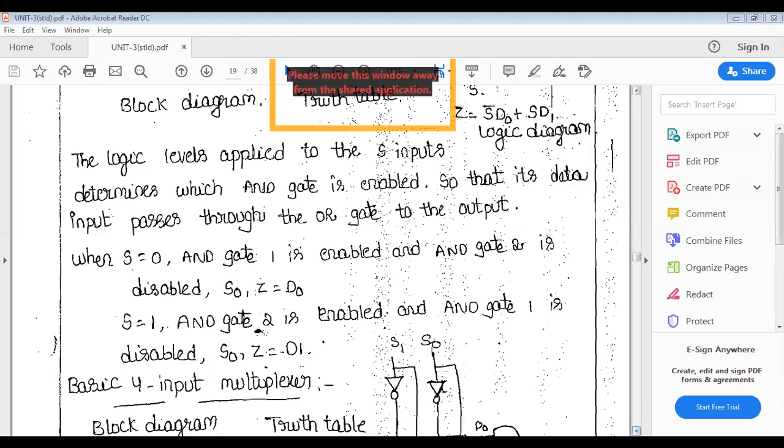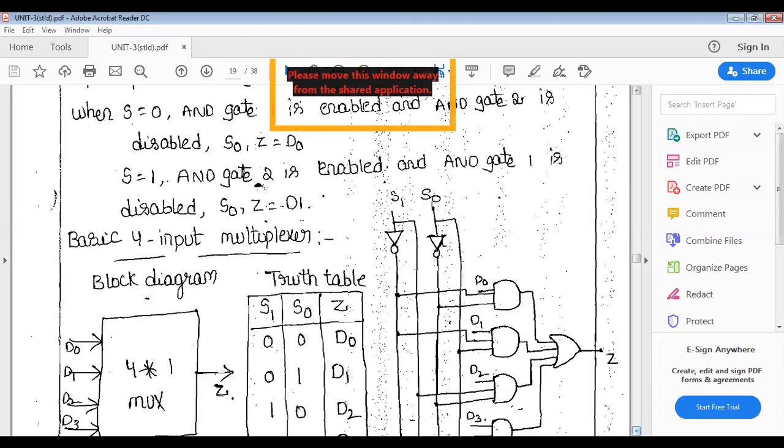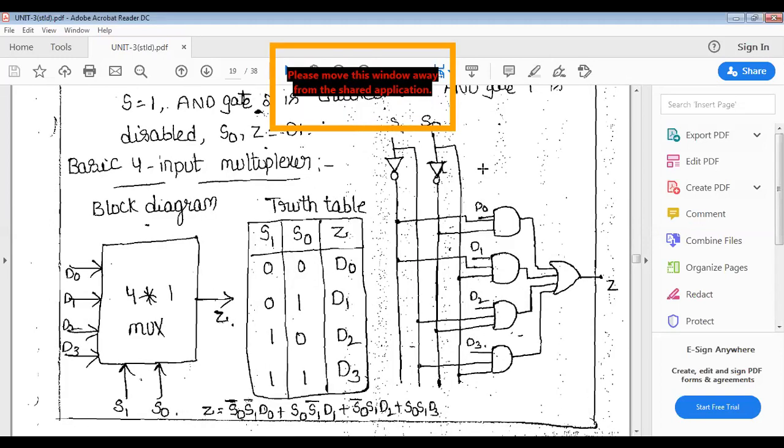Now the next one is the basic 4-input multiplexer. A 4-input multiplexer means 2 power 2, so there are 2 selection lines.